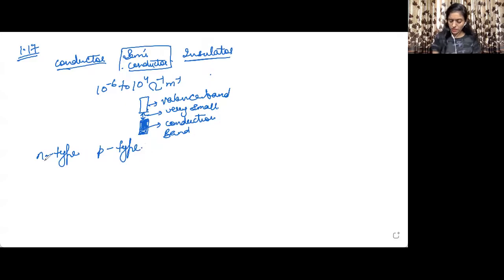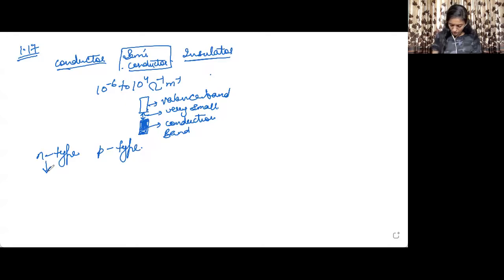Let us first consider the N-type semiconductor. The prefix N stands for negative type. What we do is we take an element of the 14th group.